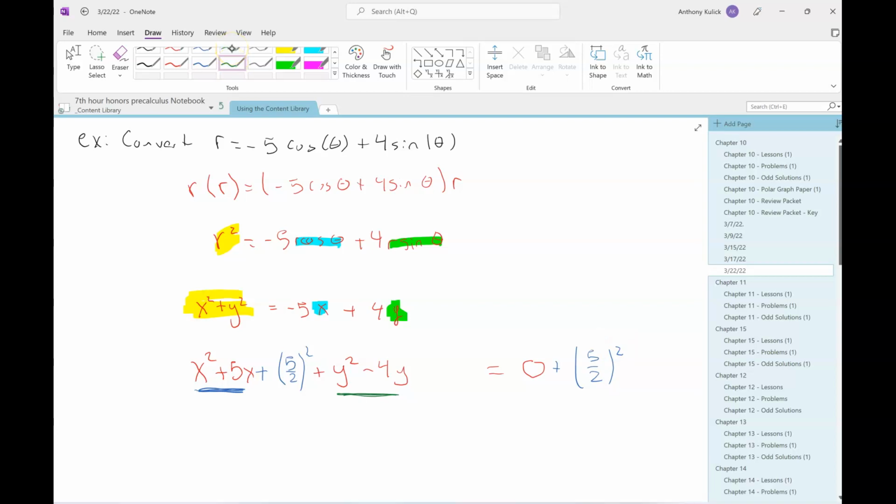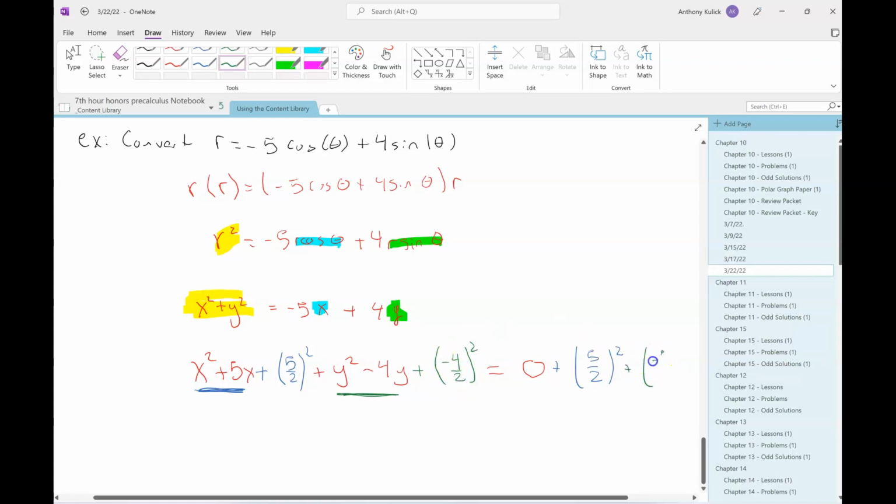And then for y squared minus 4y, what are we going to do to complete the square? I'm going to write it as negative 4 over 2, just so it's clear, if you're going back and looking at your notes, where that number's coming from. But negative 2 squared is the same thing.